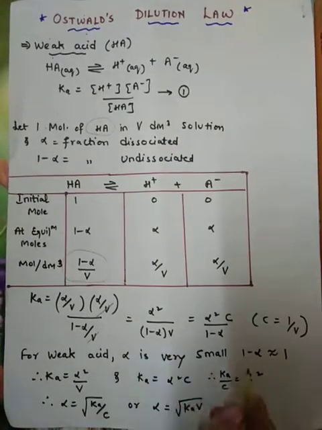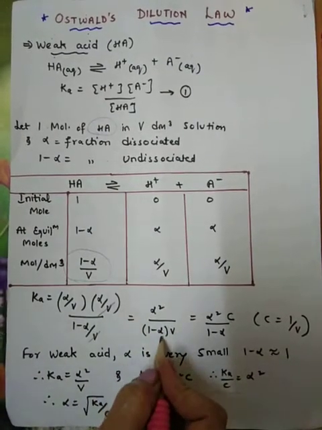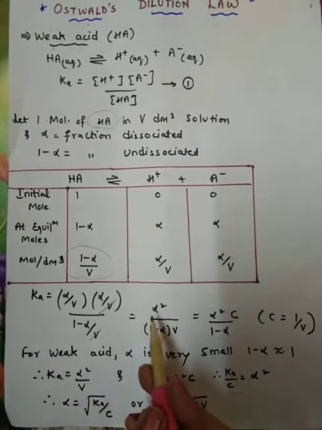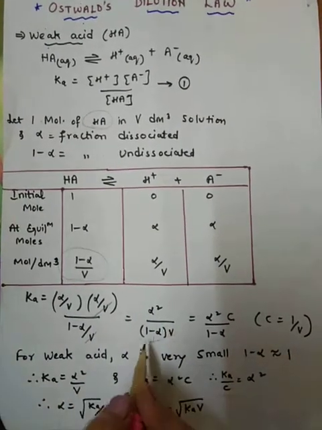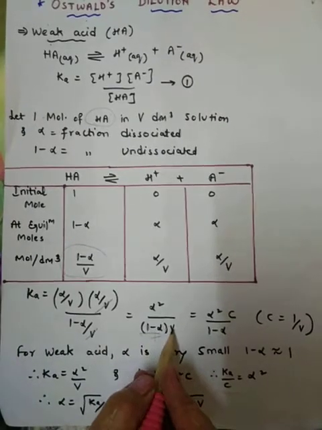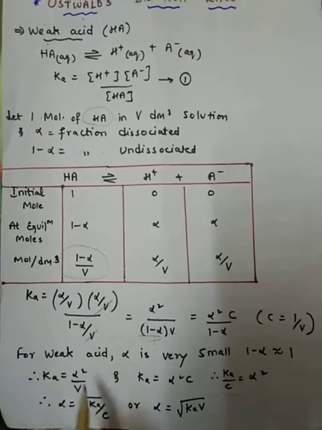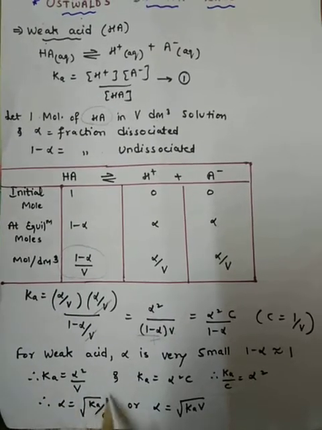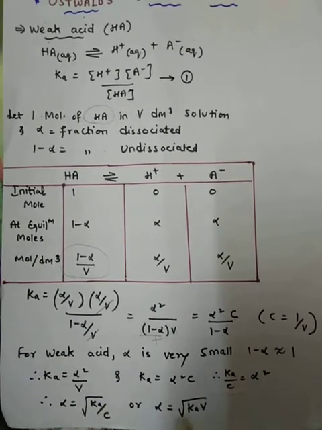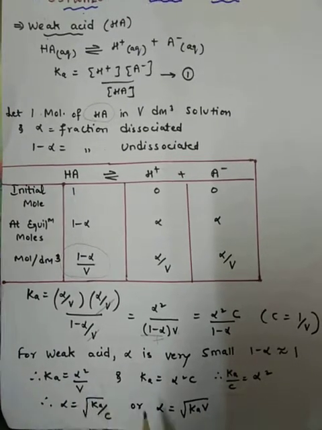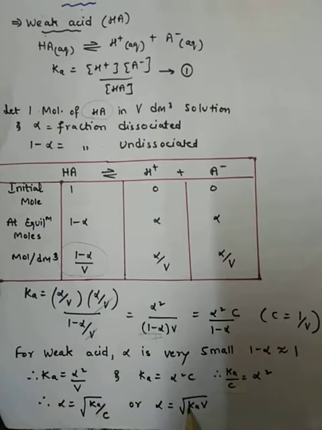If I write 1 minus alpha as 1, this factor will be removed and you will be left only with Ka equal to alpha square upon V. So what is alpha then? It will be the square root of Ka into V. Ka multiplied by V will be alpha square, and alpha will be equal to the square root of Ka into V.